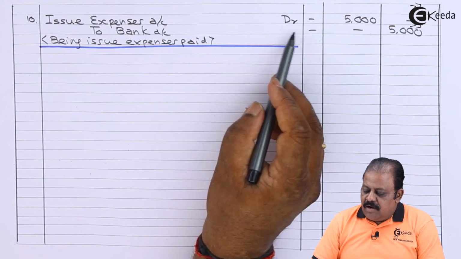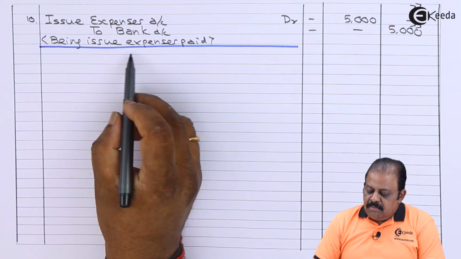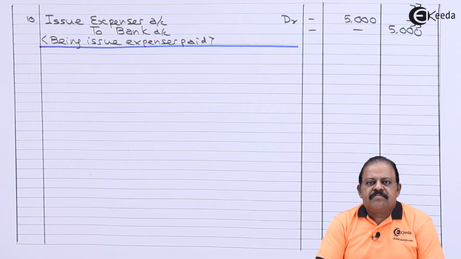Issue expenses account debit 5,000 to bank account 5,000, being issue expenses paid.